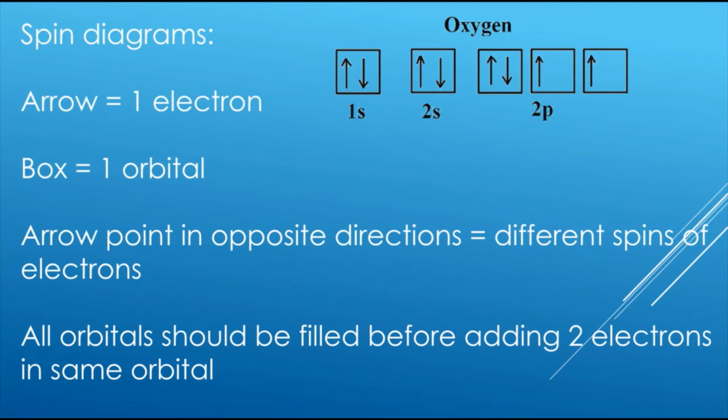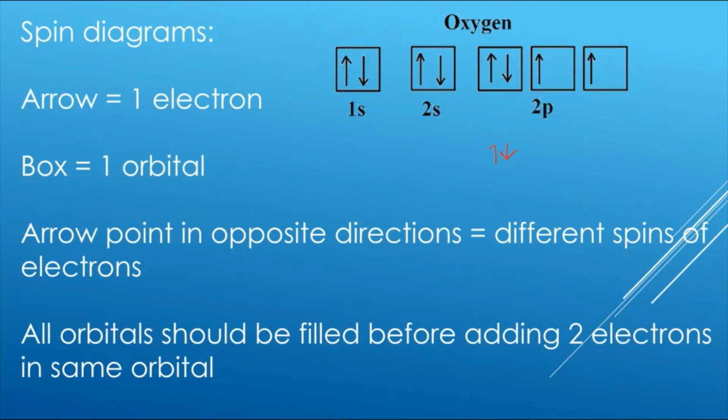So in this case, for example, if we're looking at the 2p subshell, we can't have both of the electrons in the same one, because this would leave the last orbital empty, and we don't want that. So to avoid repulsion, we have 1 electron in each of them instead of having 2 in one orbital. So that's how it works.